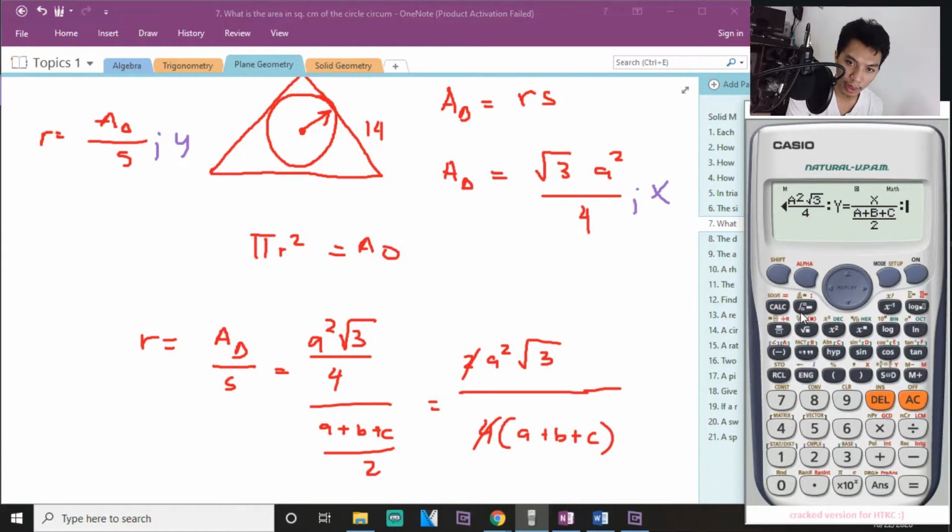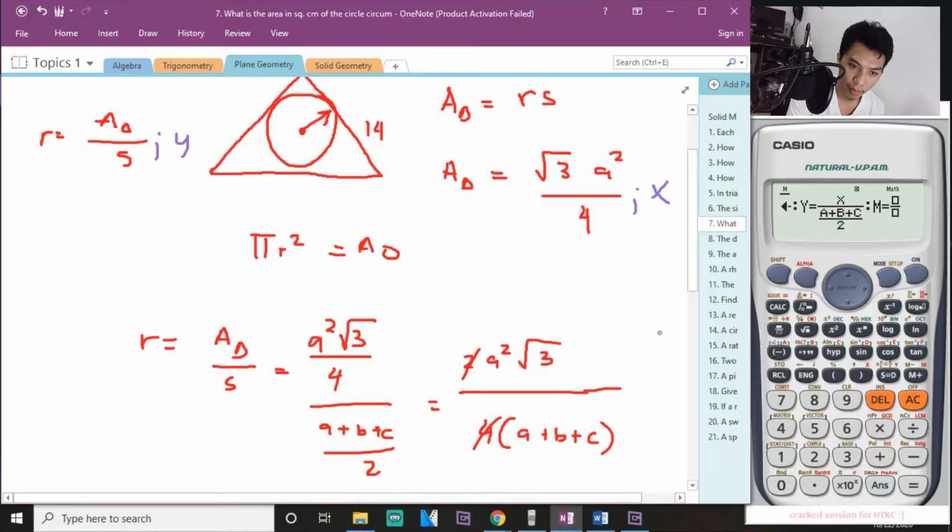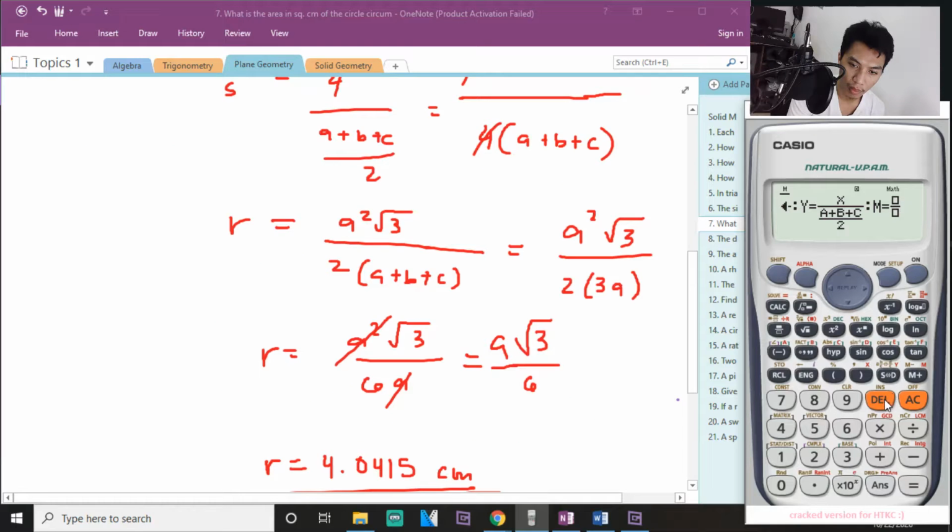And then colon ulit in order for you to find M. M is equal to pi r squared 'to. Yung r mo is y. So that is shift pi alpha y squared.